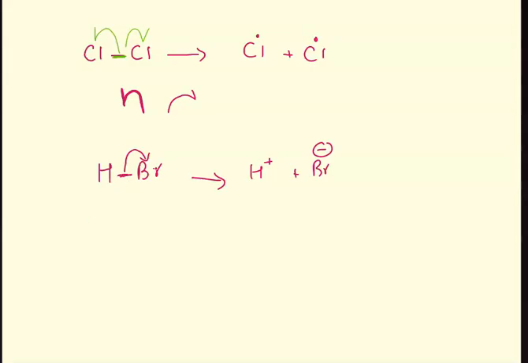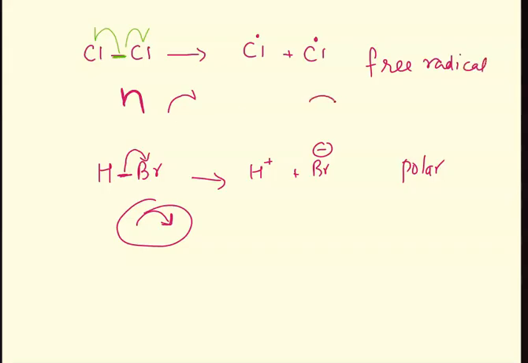Here we will use full arrows. So see the difference: in a polar reaction you will be drawing full arrows, and in a free radical reaction, you will only draw half or fish hook arrows, which indicates that only one electron has been transferred from that shared pair.